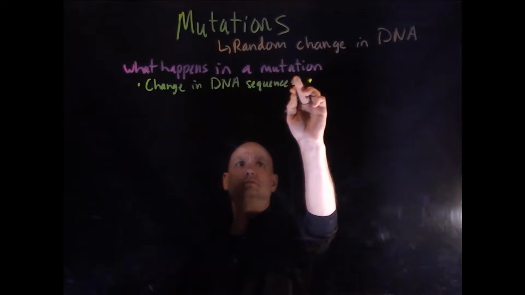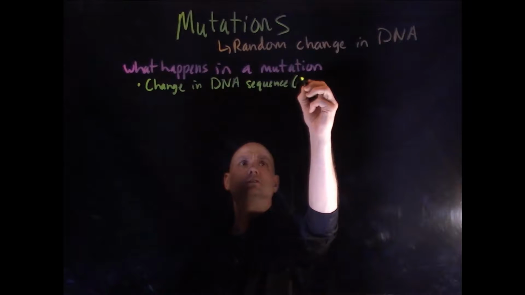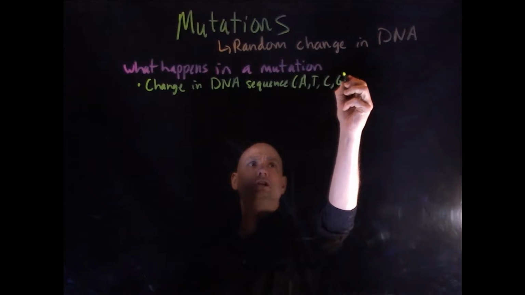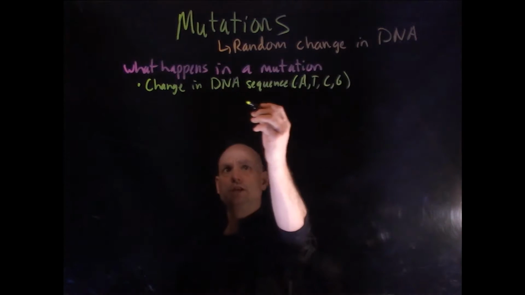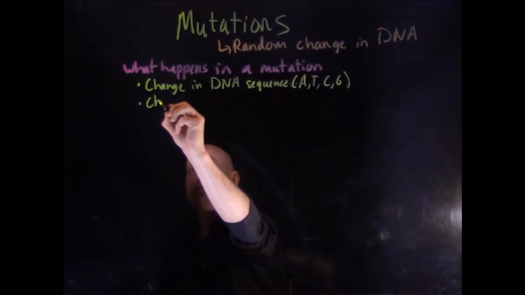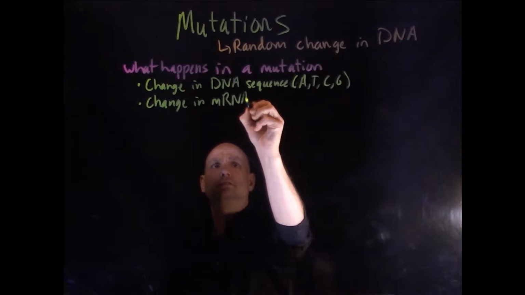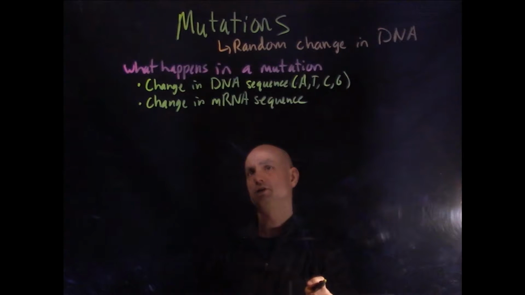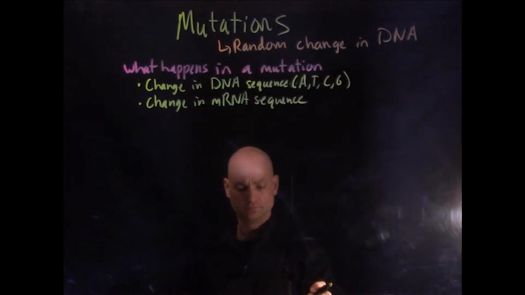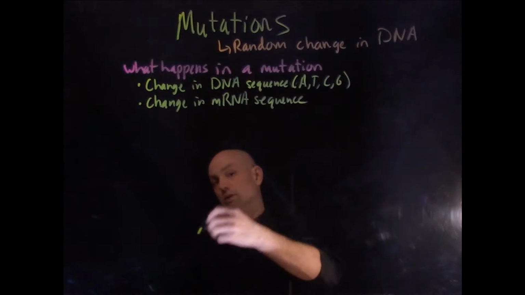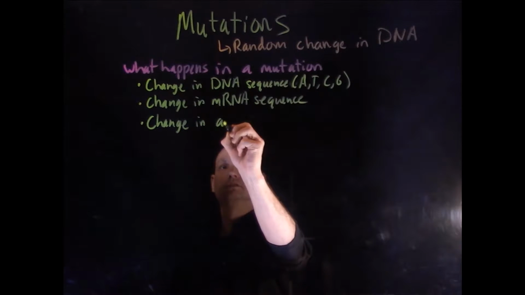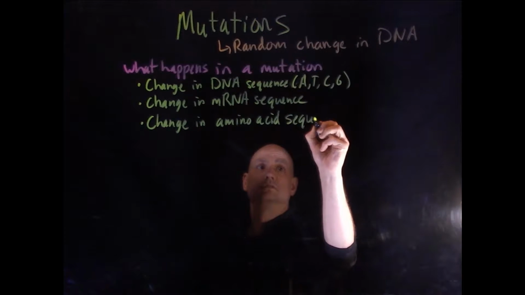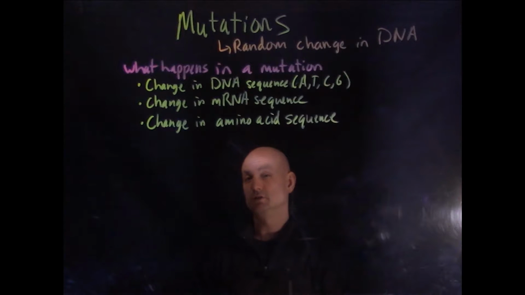So we're talking about the A, the T, the C, and the G, all those letters in a row. So that change in the DNA sequence will lead to a change in the mRNA sequence. And the mRNAs then go out to the ribosomes, and this will cause a change in the amino acid sequence, the order of the amino acids that will make up the protein.